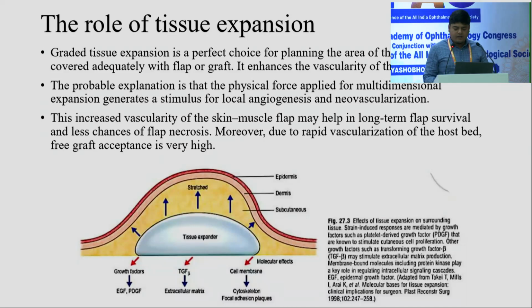The strain induced responses are mediated by several growth factors such as endothelial growth factor, platelet derived growth factor, and TGF beta, and there is also alteration of the cell membrane proteins. This causes increased vascularity of the skin muscle flap, which may help in long-term flap survival and lower chances of flap necrosis. And due to rapid vascularization of the host bed, in case of a free graft, the acceptance is also very high.